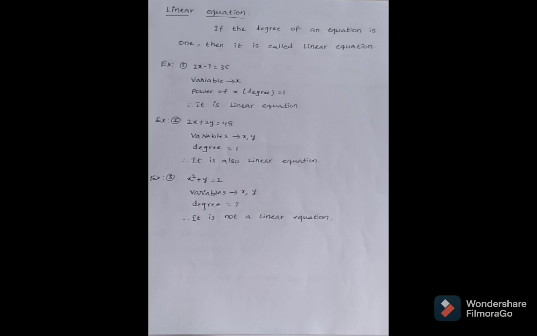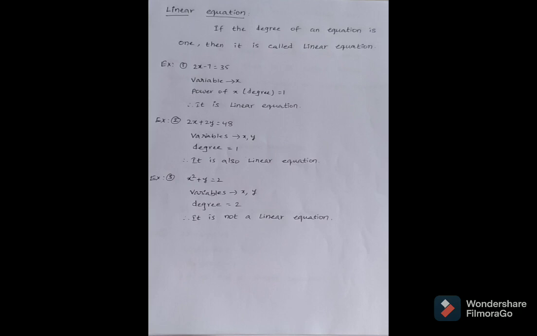Degree is 1. So the given equation is a linear equation. Let us see one more example. 2x plus 2y equals 48.